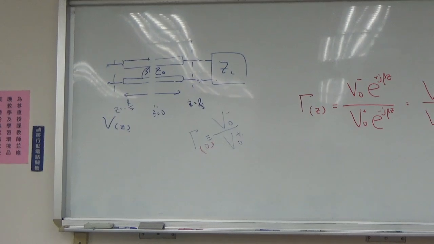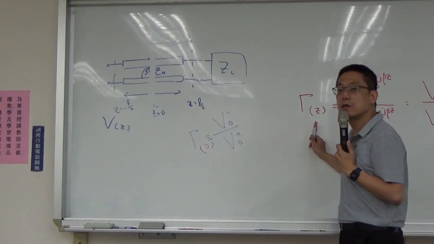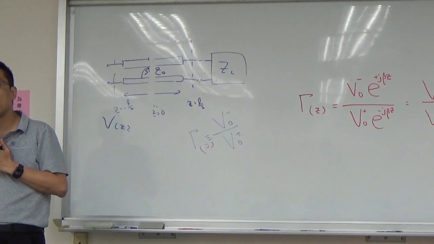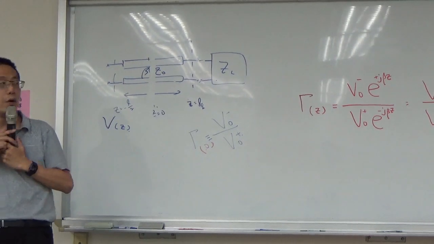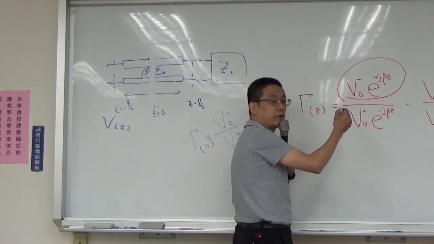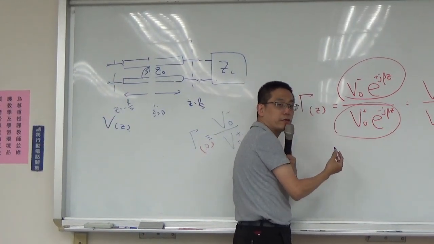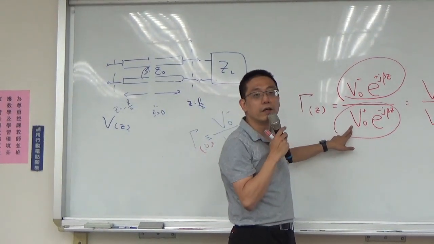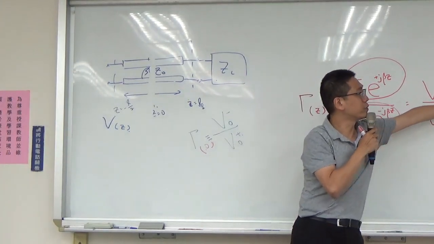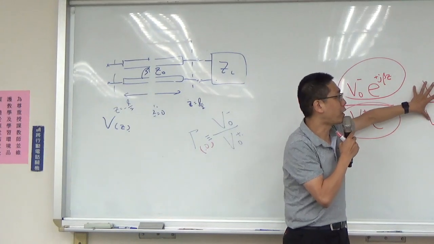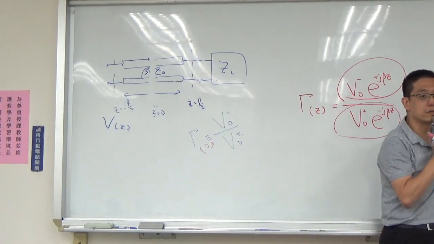You guys understand this equation? Gamma is a function of position, which is the reversing voltage over the forwarding voltage. It is lucky at z equals 0 that this term is 1, so this part is gamma 0.